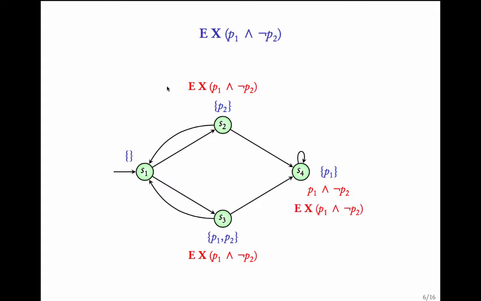So this will be the set of states which satisfy EX P1 and not P2. The initial state does not satisfy EX P1 and not P2. Hence, the transition system as a whole does not satisfy EX P1 and not P2, but there are these states in the transition system which satisfy EX P1 and not P2.